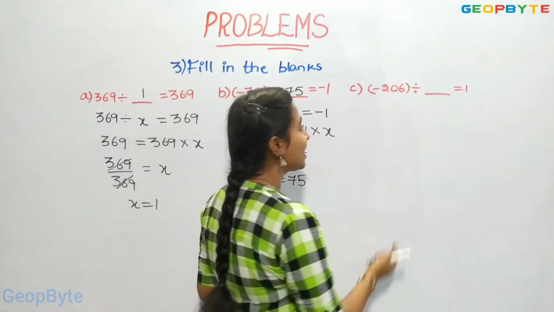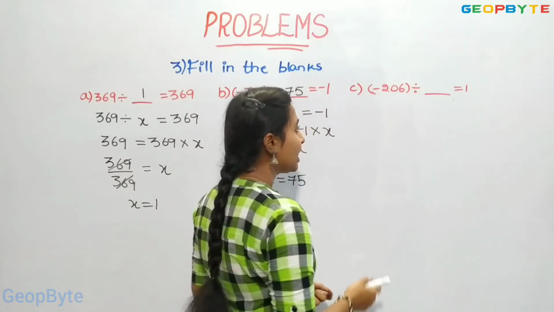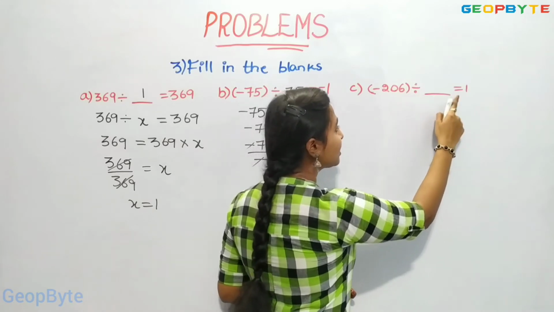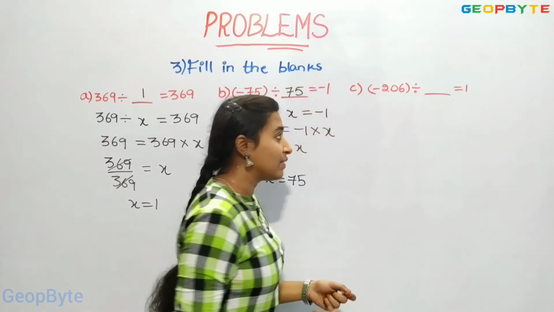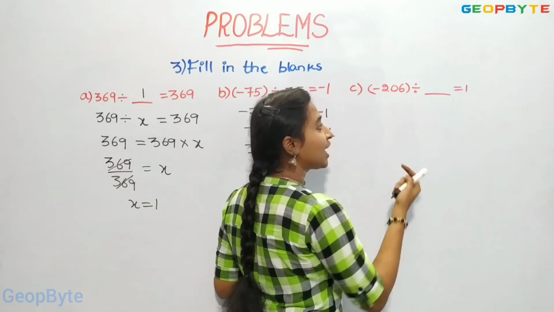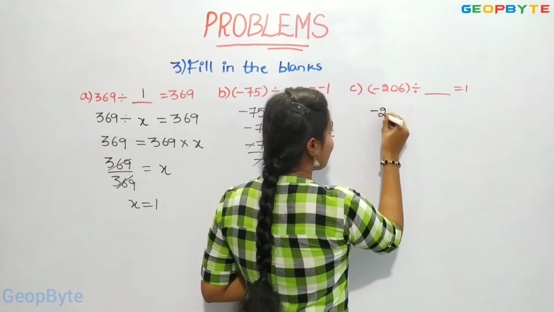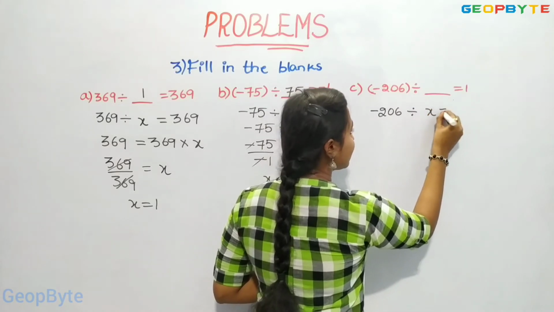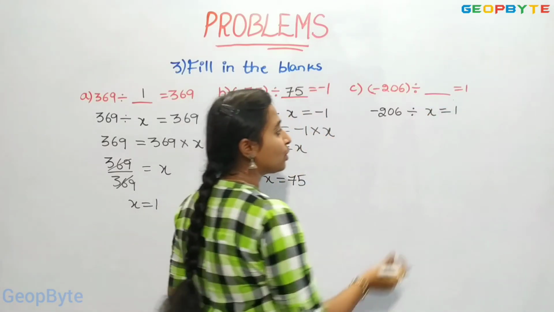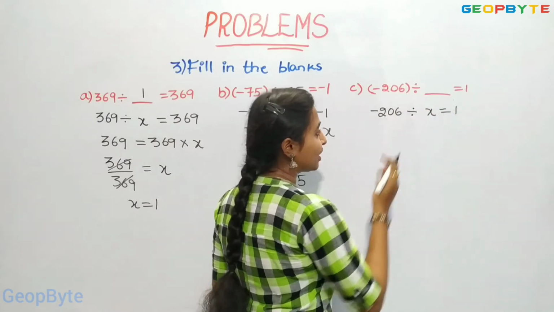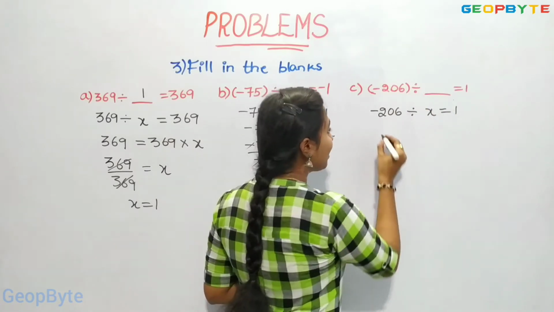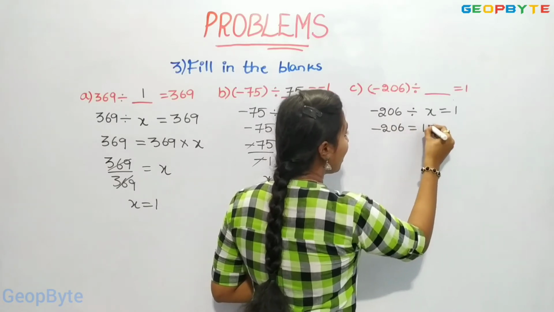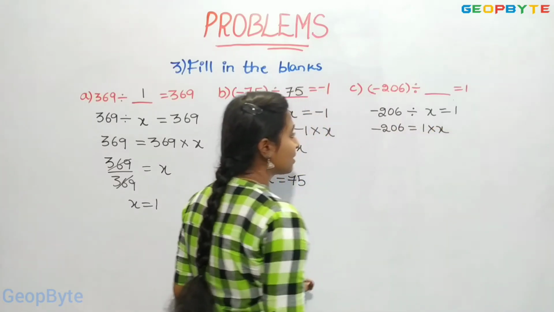Now, let us see the C bit. We have minus 206 divided by dash is equal to 1. We will assume this missing integer as x. Minus 206 divided by x is equal to 1. As you know, this x, when it goes to the right hand side, gets multiplied. Minus 206 is equal to 1 into x.